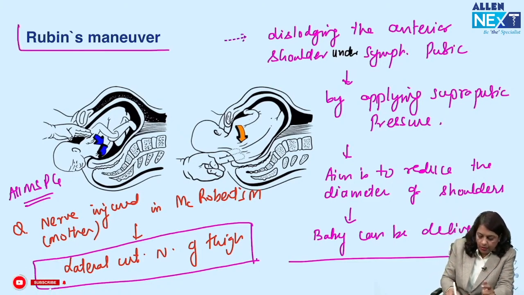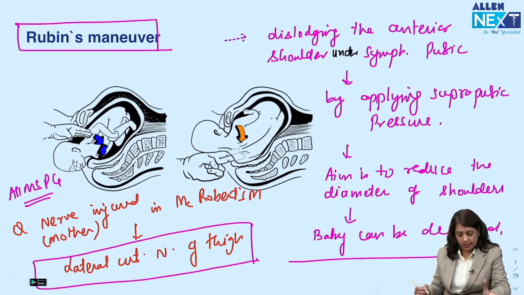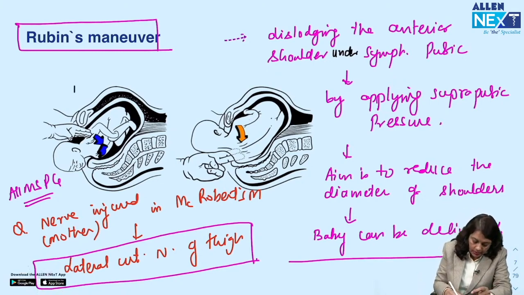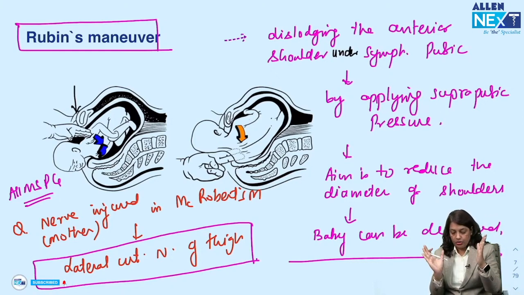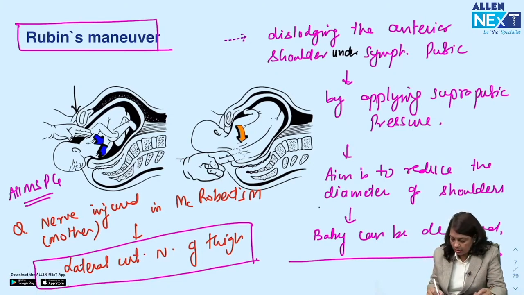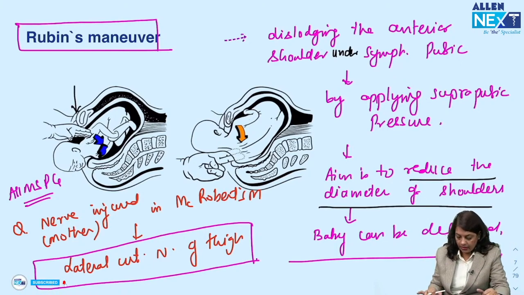Now, the next maneuver for shoulder dystocia is Rubin's maneuver, where you can see the suprapubic pressure is applied onto the anterior shoulder in a way to reduce the diameter of the shoulder girdle. The aim is to reduce the diameter of the shoulder girdle so that the baby can be delivered.